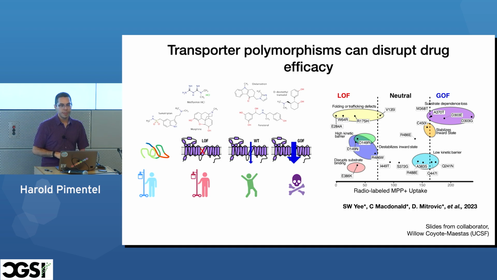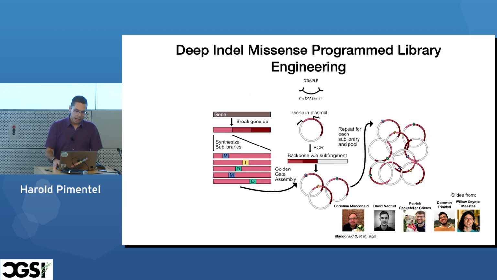There is a fair amount of interest in deep mutational scans in the rare variant space, as you might imagine, because you can actually make every single possible mutation, and you can take some sort of measurement, right? And so how do you do this? I'm not going to talk too much about it this year, but there are a lot of different ways to do deep mutational scans, at least for generating the libraries.